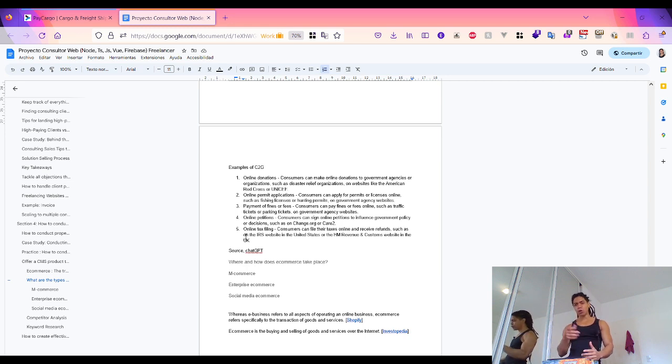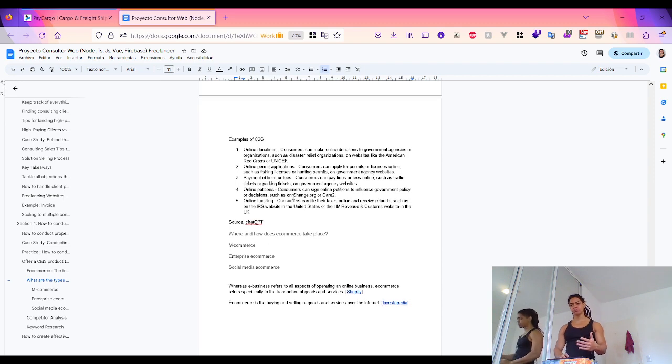But again, online petitions, so consumers can sign online petitions to influence government policies, such as change.org or Care2, and Care2 is a private equity. Very, very interesting to know. And online tax filing.